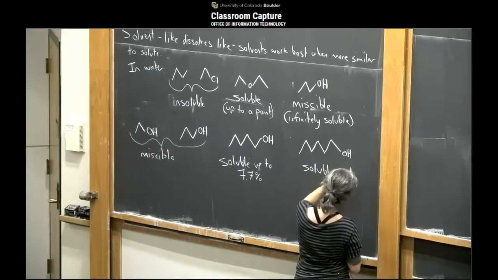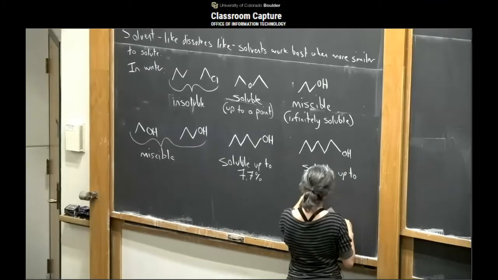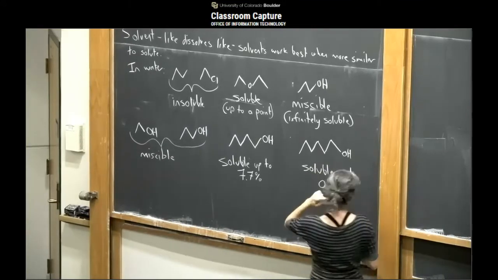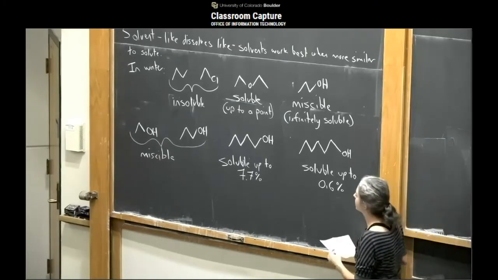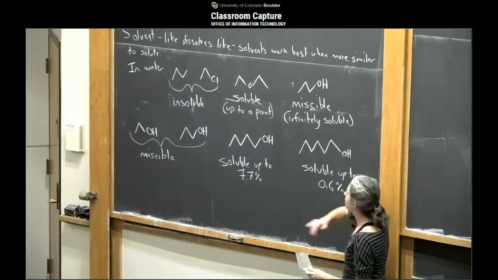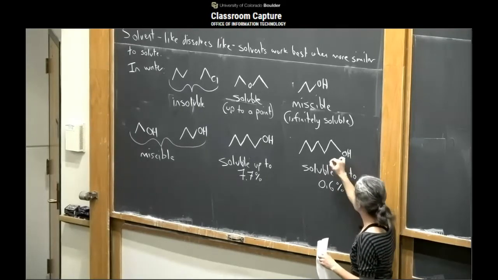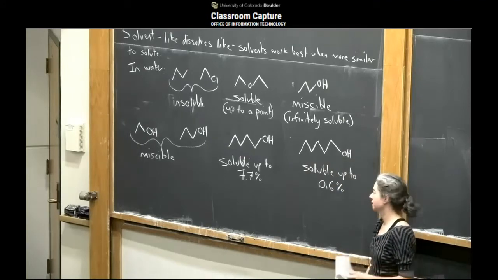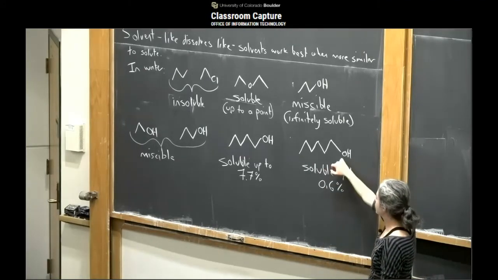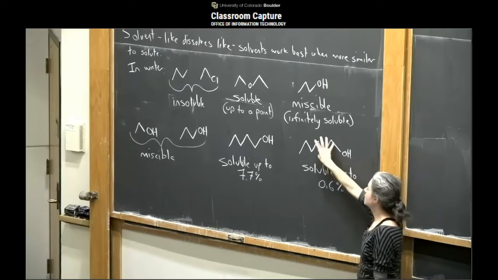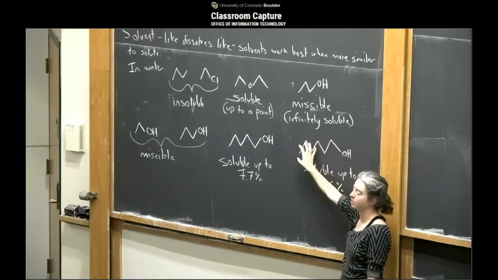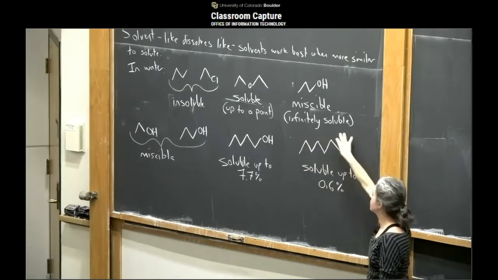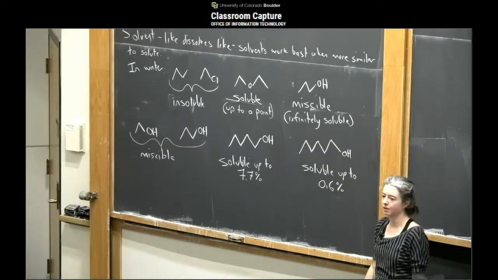And this one is soluble up to 0.6%. So just by adding that sixth carbon in there, suddenly we cut solubility way down by more than an order of magnitude. What's going on here? All four of these have something in common with water. They're both H-bond donors and acceptors. But you can think of it like by the time you get up to 6 carbons, the alkyl tail of the molecule, this really dissimilar from water part, is starting to outweigh the behavior of the one good part that can interact with water.